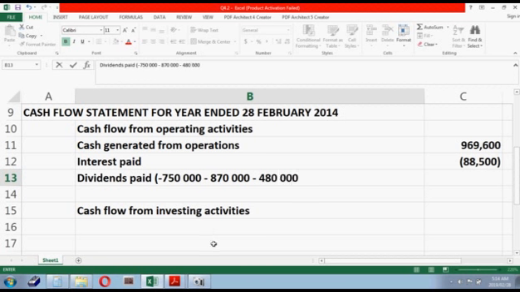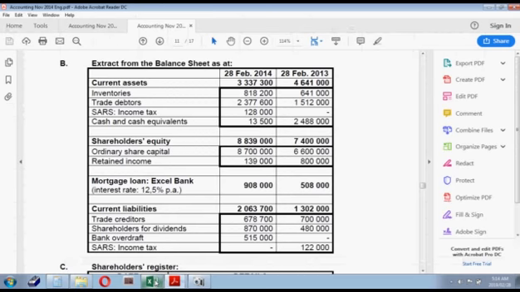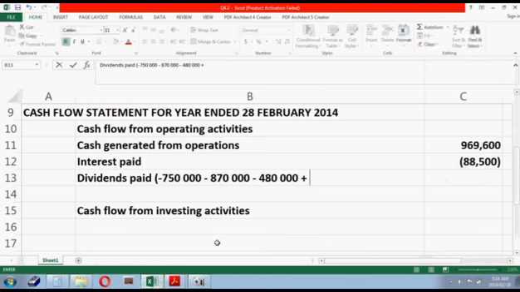And then we owe at the end of this financial year, so it won't flow out this financial year, it will be an outflow next financial year. So for this financial year we show it as an inflow, and that inflow is 870,000 rand. So all that remains is to do the calculation.